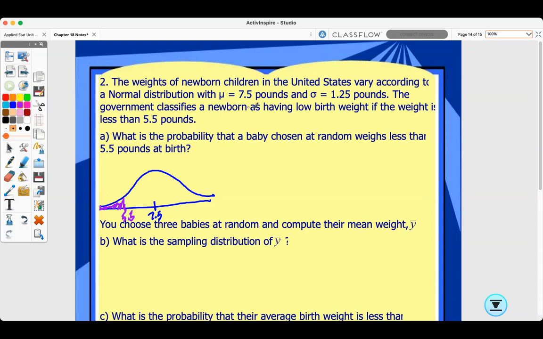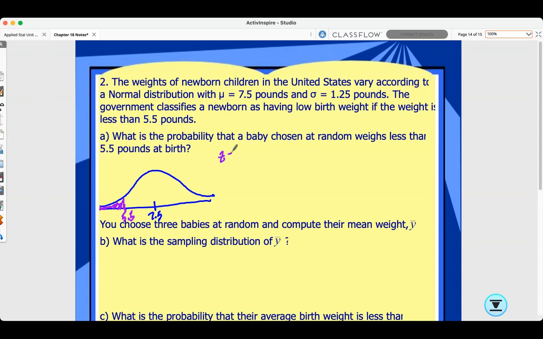Okay, so we can standardize this. Remember that would be x minus the mean, all over your standard deviation, which is about negative 1.6. So the probability that z is less than negative 1.6 would be normal CDF.